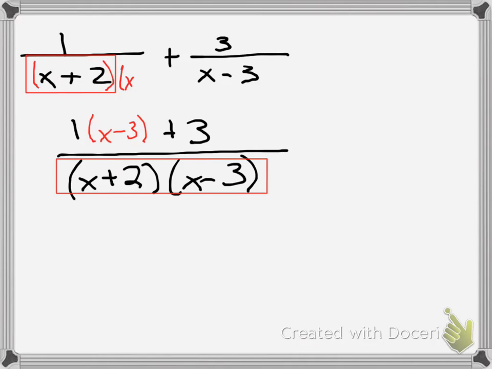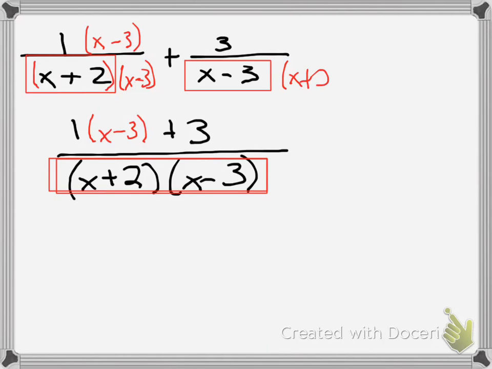I basically multiplied the bottom and the top by x minus 3. Now, compare this denominator to the common denominator. We're missing x plus 2. So I need to multiply the top by x plus 2. Here I am multiplying the top by x plus 2.